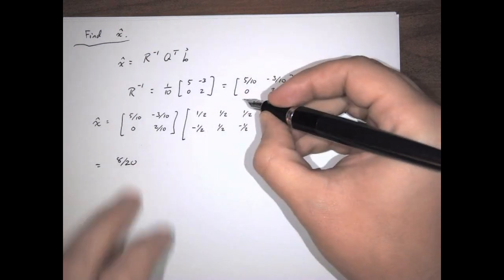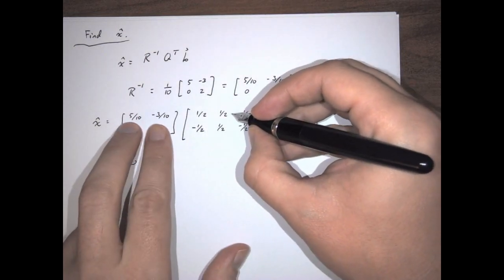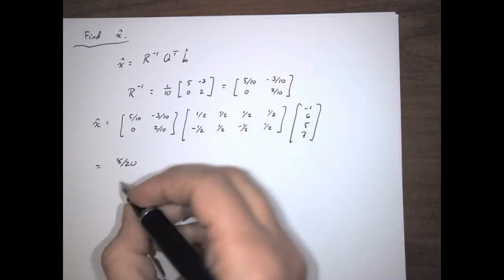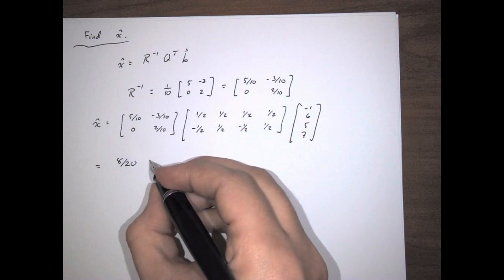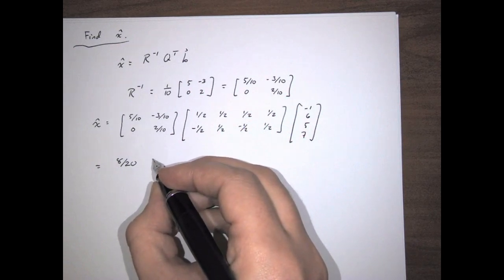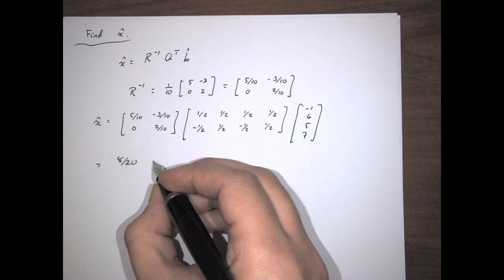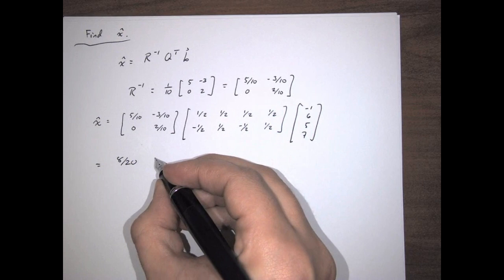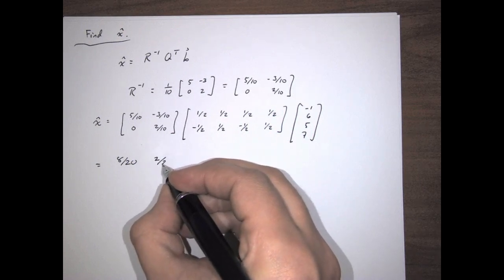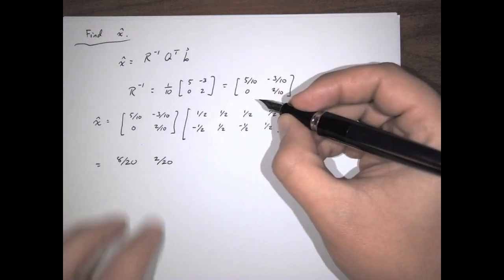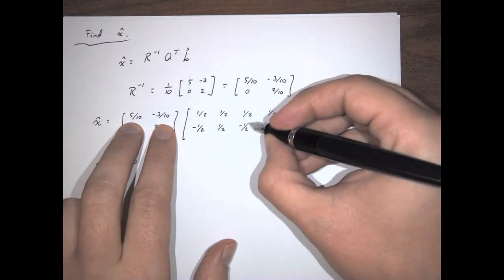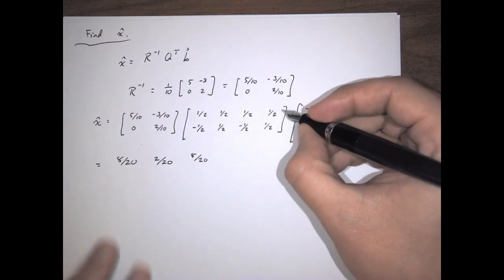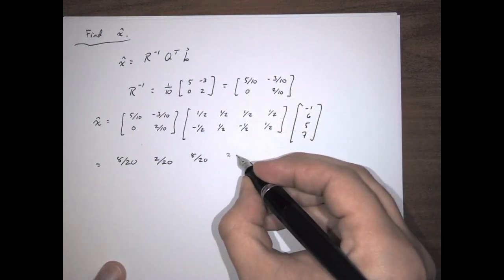And now here we're going to have 5/20 minus 3/20, sorry, 5 minus 3 is going to be 2/20. Here that's going to be the same, 8/20. And it's going to be the same as that one, 2/20.